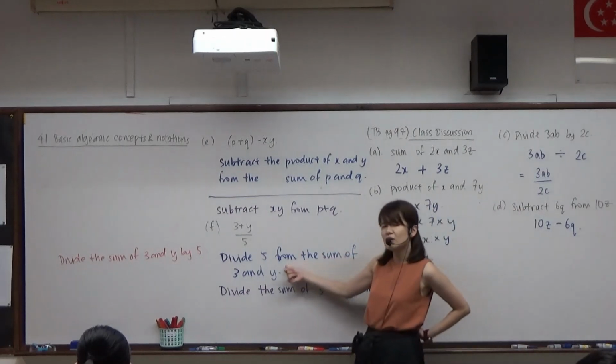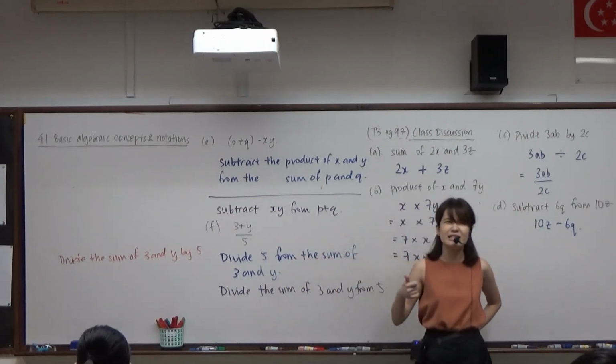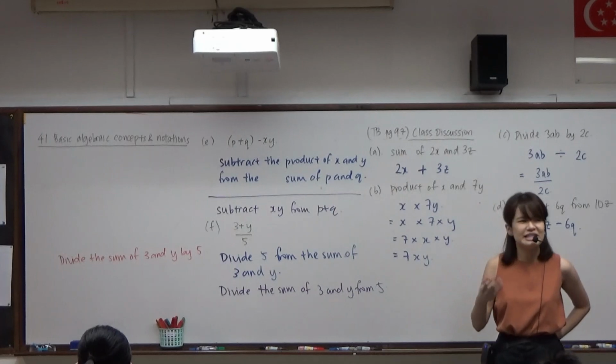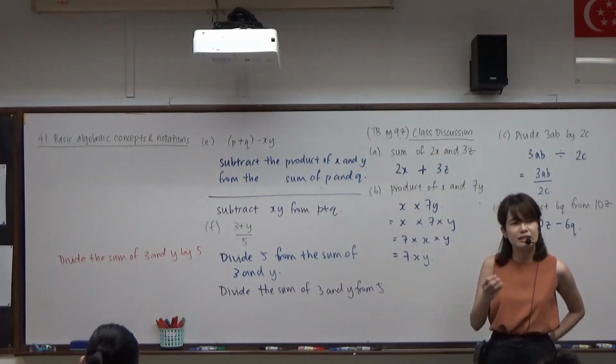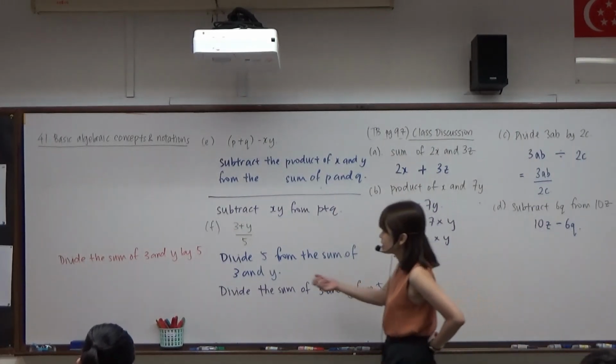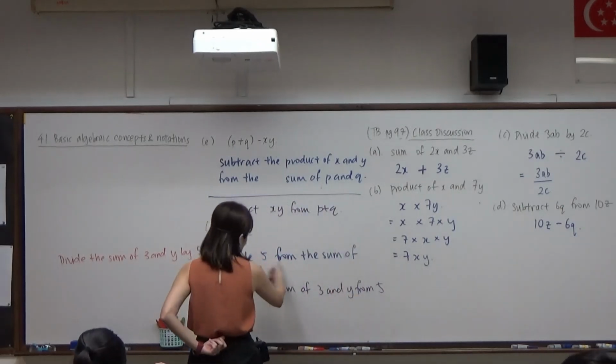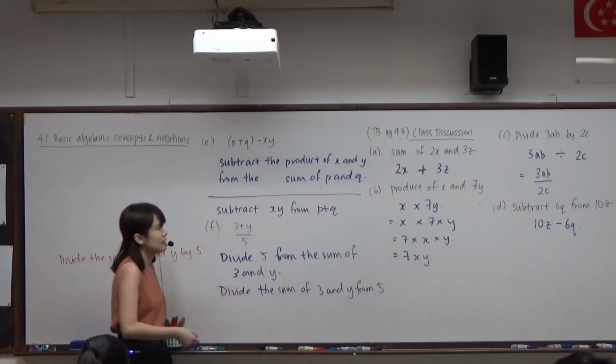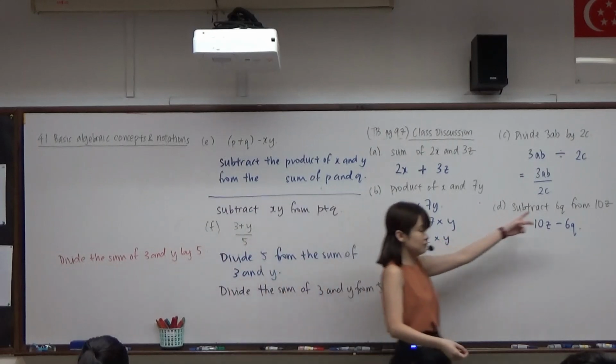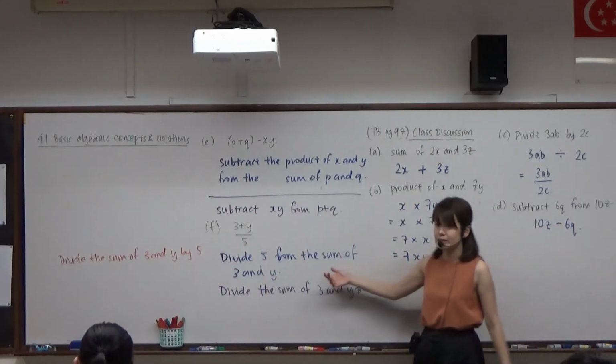It is because of the word from. Usually we don't say divide from something, we divide by something. So it's a little bit of English over there. That's why I wouldn't agree with this, because of the word from. We can subtract from something, but we don't divide from something.